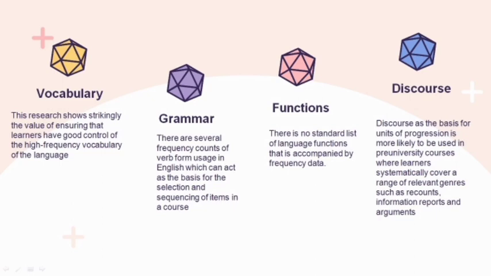In functions, there is no standard list of language functions that is accompanied by frequency data. And the last, discourse. Discourse as the basis for units of progression is more likely to be used in pre-university courses where learners systematically cover a range of relevant genres such as recounts, information reports, and arguments.